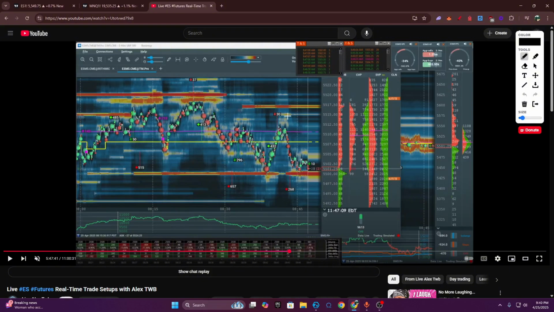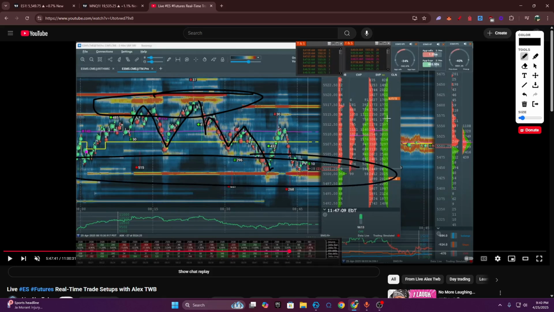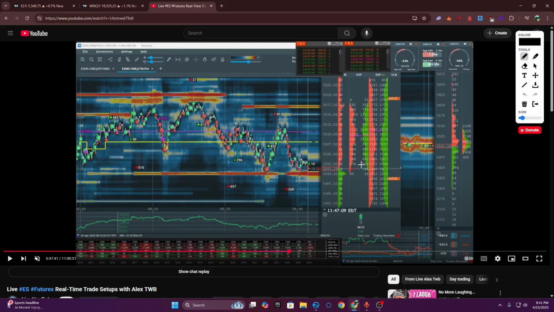Understanding the spread of liquidity on Bookmap can really help you understand this. We essentially went from one liquidity level with clear confirmation that buyers were getting absorbed. Then we went down to our lower level, where now if you look at it, there's clear confirmation that sellers are getting absorbed at these levels as well.